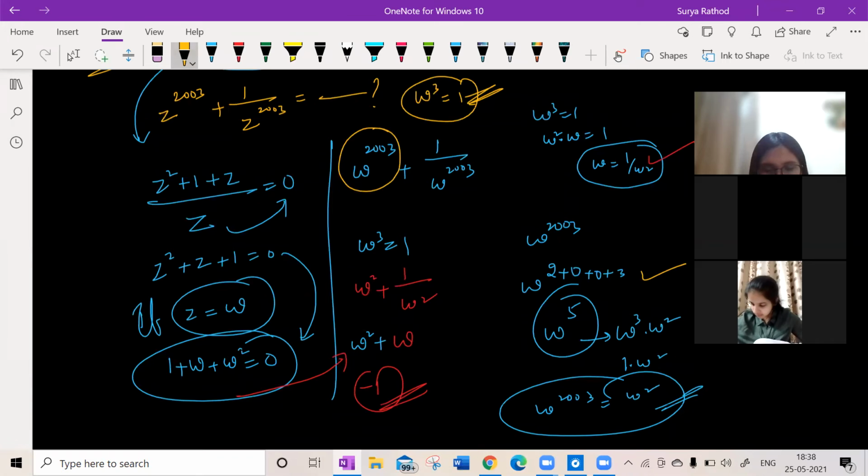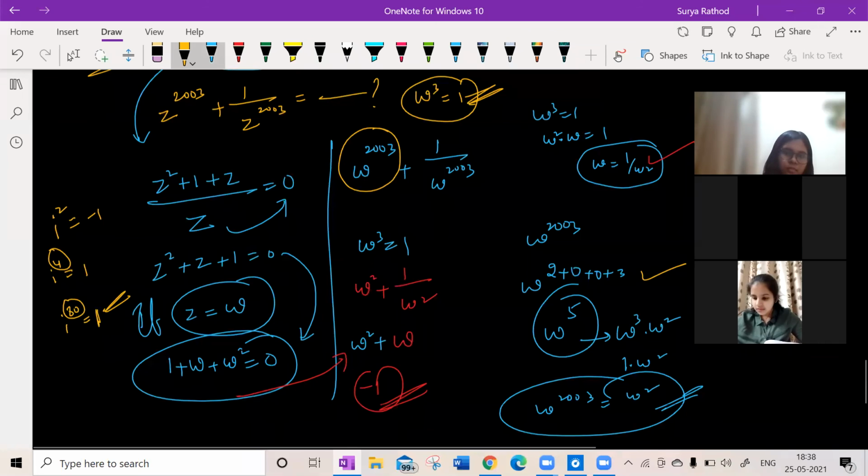Like this, if I have i square equal to -1, i power of 4 is equal to 1, so i to the power of 80 is also 1, because 80 is a multiple of 4. All multiples of 4 can be written as 1. Like that, all multiples of 3 can be written as 1, right? Getting my point?